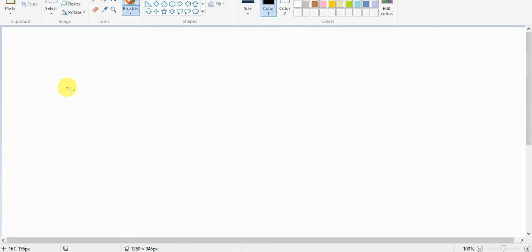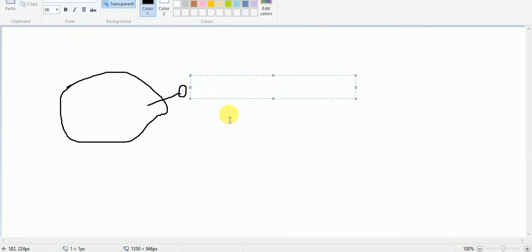Say for example, this is a city, and just nearby it there may be a small town, linked with the major city. This is known as a satellite town.